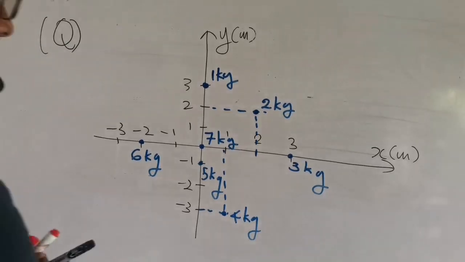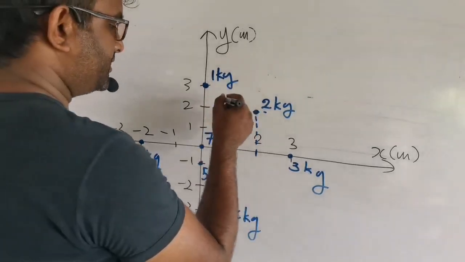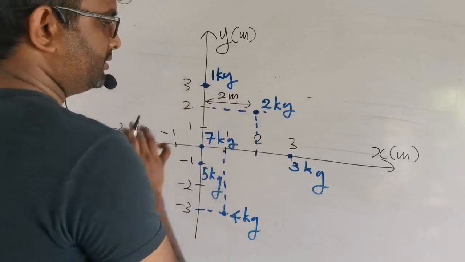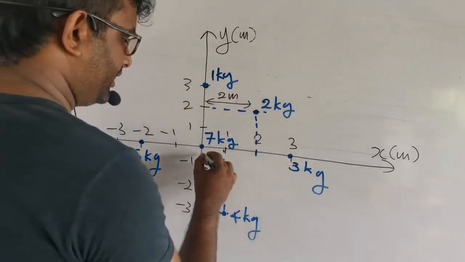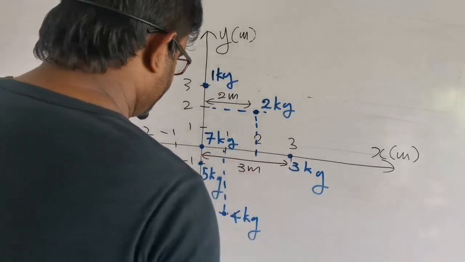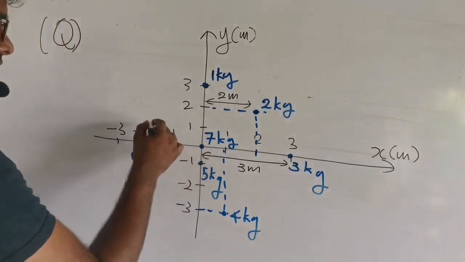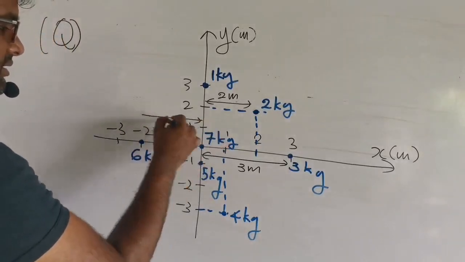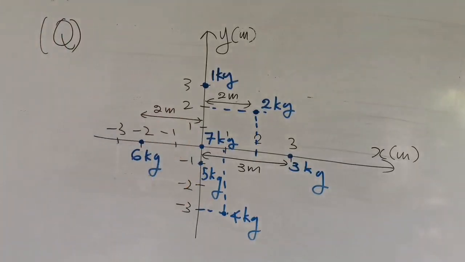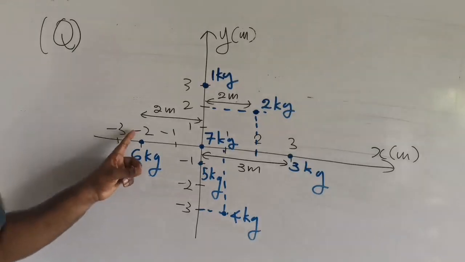About the y-axis, these are the distances. 2 meters, then 3 kilograms, that is again 3 meters, then 6 kilograms there, that is 2 meters. Now when we mark distances, we don't take that minus sign.